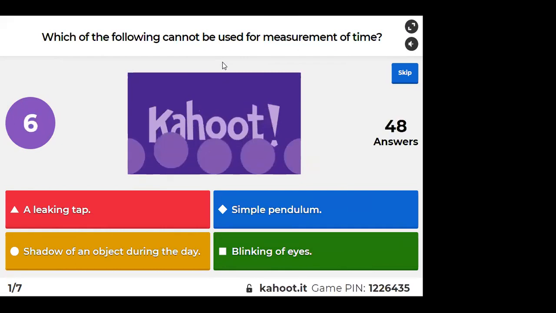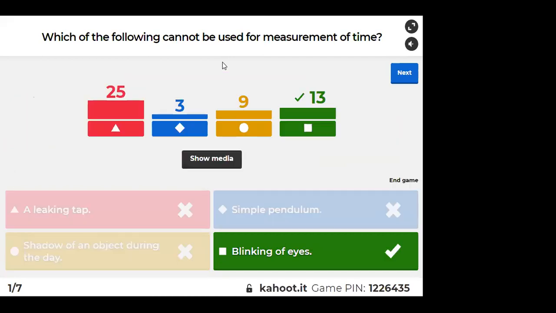This is very easy, depending on your normal life. The answer is blinking of an eye, but I understand that a leaking tap can also be the correct answer. But when you talk about the best answer, it will be blinking of an eye because there's no time interval. Yes or no? There's no time interval in blinking of an eye. The best answer is this. Okay.